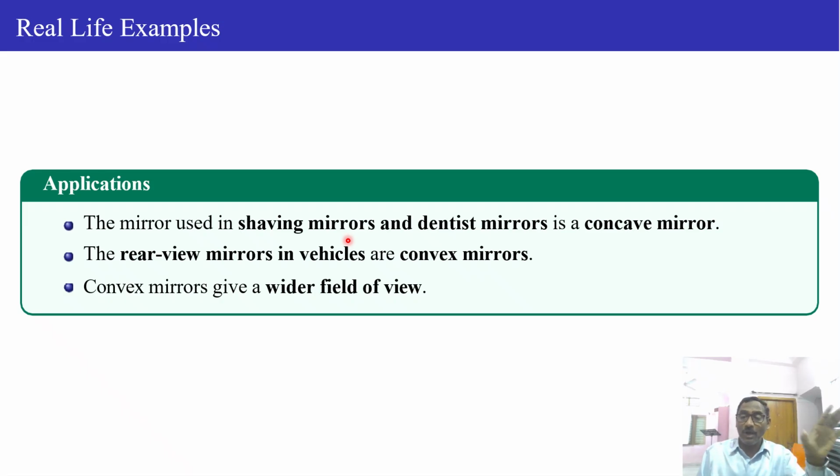If you go for shaving at a hair cutting shop, you will see shaving mirrors. What mirror is used in shaving mirrors and dentist mirrors? It is a concave mirror, not a convex mirror.